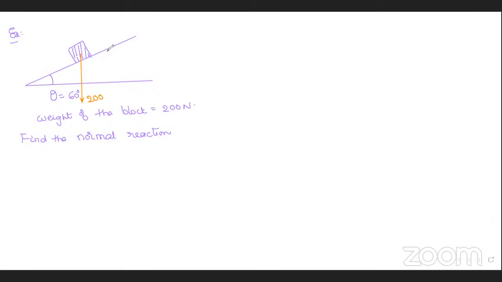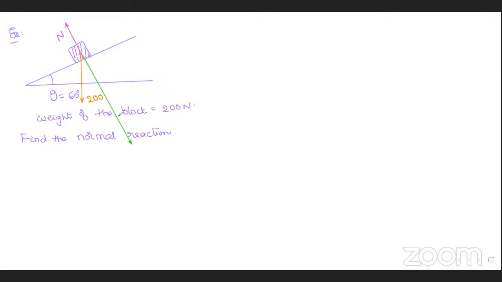If there is some normal reaction, it would be acting on the body in this direction, perpendicular to the surface. This is the second point actually. If there is some external force like this, some force towards the surface, then normal reaction will act perpendicular.